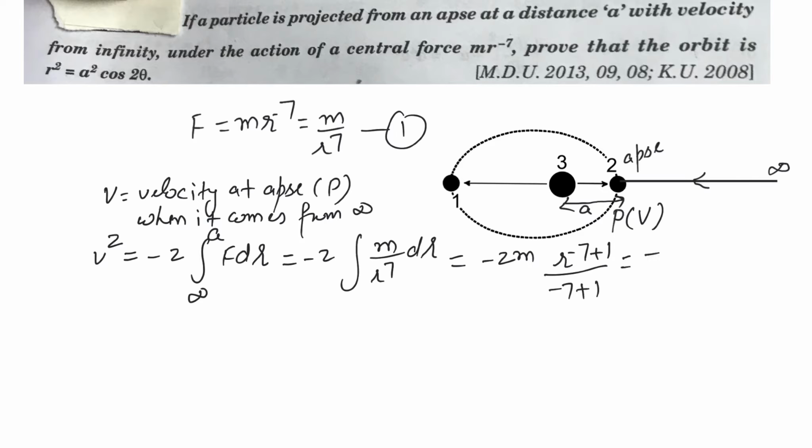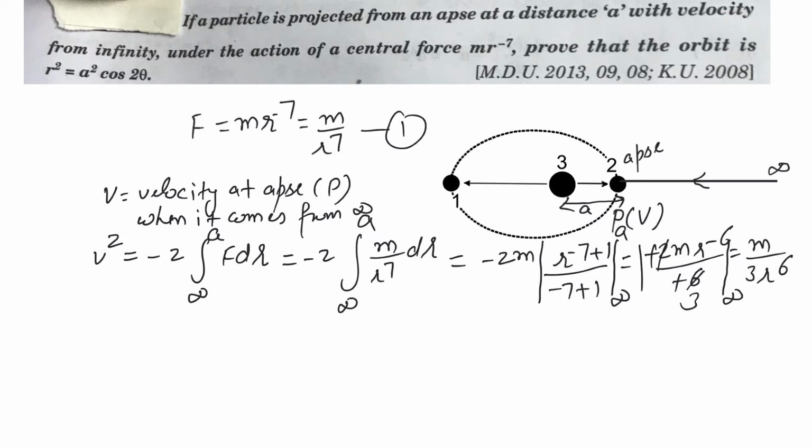So this will be minus 2m r raised to the power minus 6 divided by minus 6, which is m by 3 r^6, with limits from infinity to a.